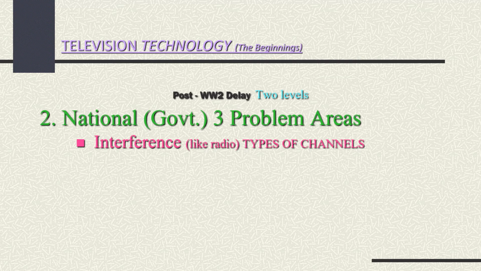If you remember back in the early days of radio, anybody could get a transmitter, anybody could go on the air, and in order for radio to become successful, there needed to be some order established as far as where the frequencies of these radio signals were going to be on the electromagnetic spectrum. So government needed to do the same thing with television.